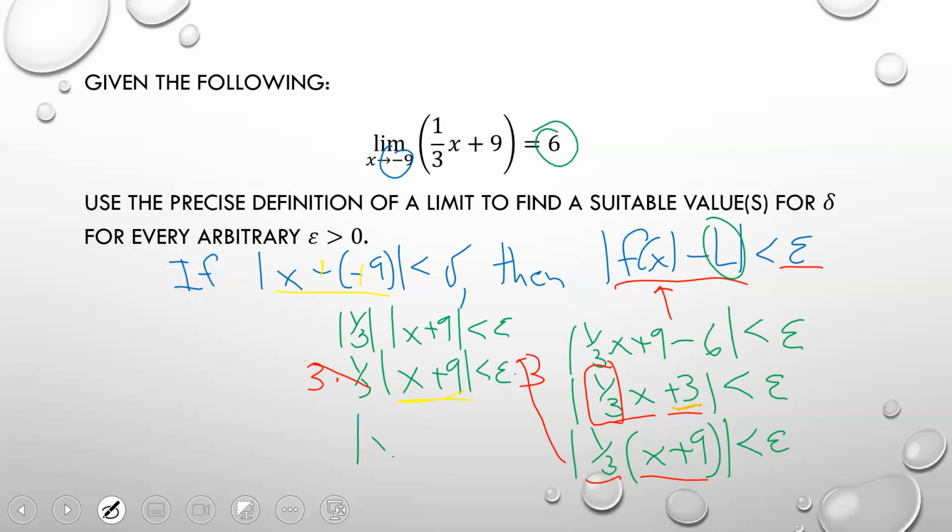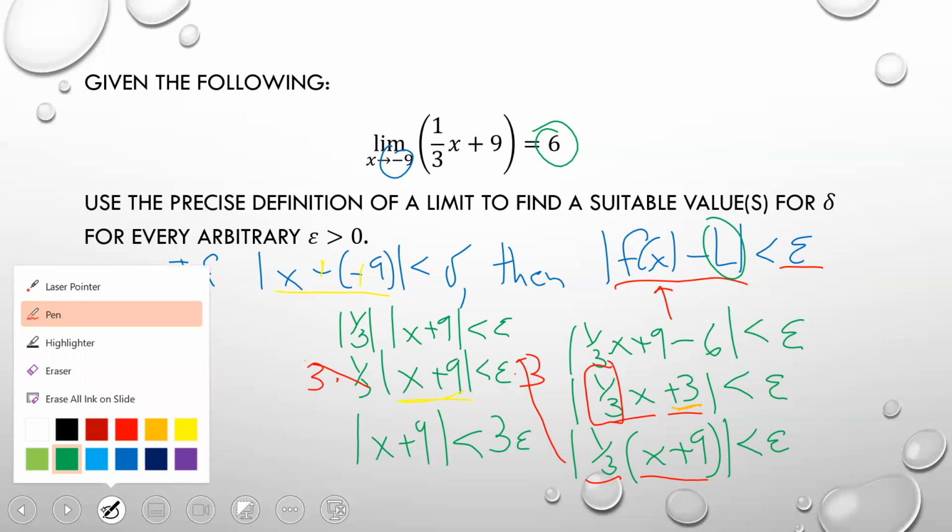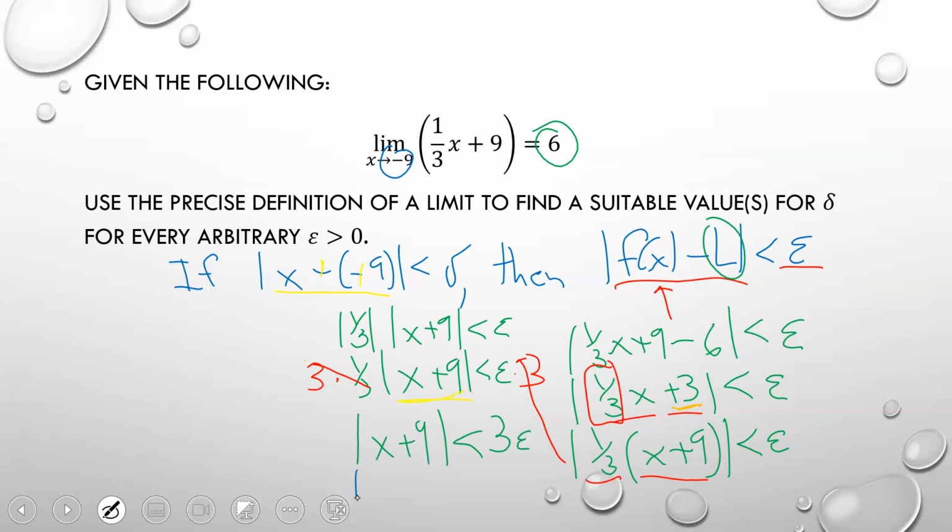And so we're left with the absolute value of x plus 9 is less than, on the right-hand side, epsilon times 3, which we can just write as 3 epsilon. And again, recall that this lines up with what we had up there, which was x minus -9 is less than delta. And so we see in this case that delta would be equal to 3 epsilon.